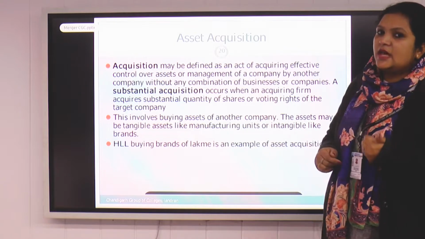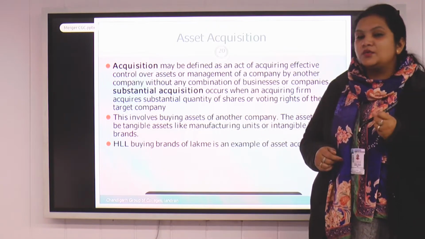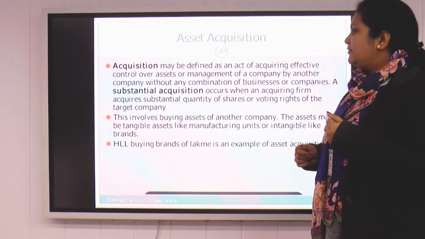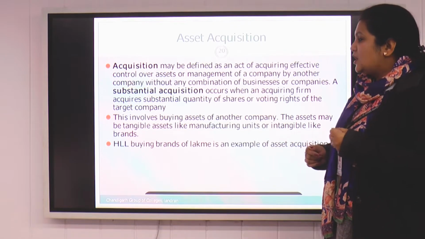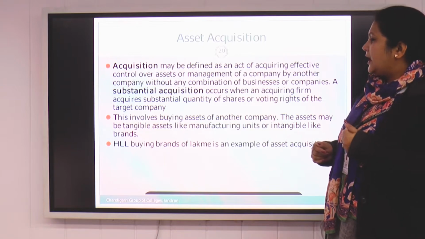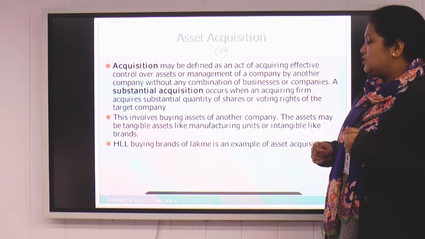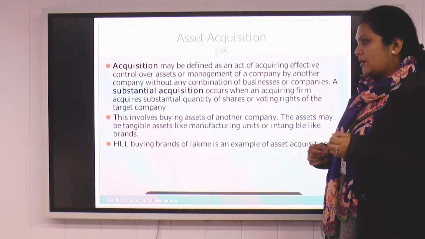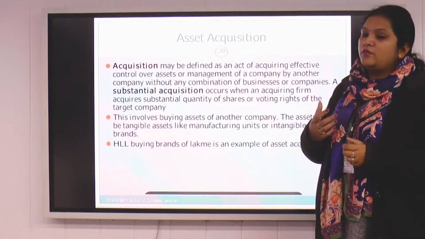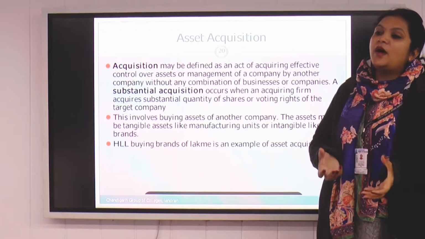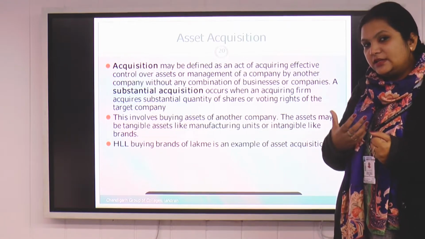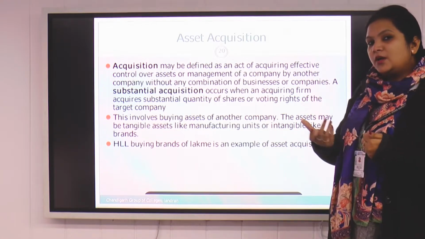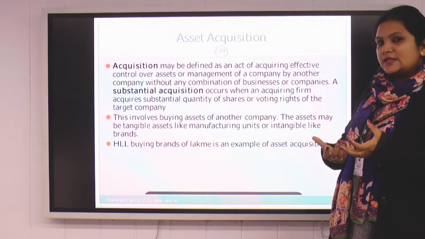Then there is asset acquisition. Acquisition may be defined as an act of acquiring effective control over the assets or the management of the company by another company without any combination of businesses or companies. It is where you acquire the assets. You have looked at its assets, you have got control over the assets, ownership has come to you, that is acquisition.